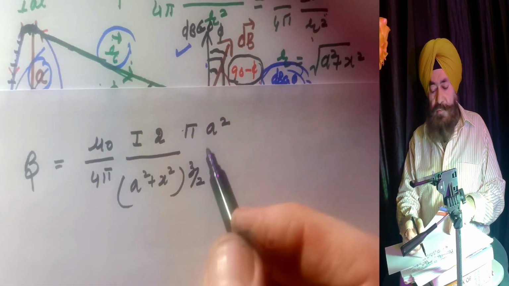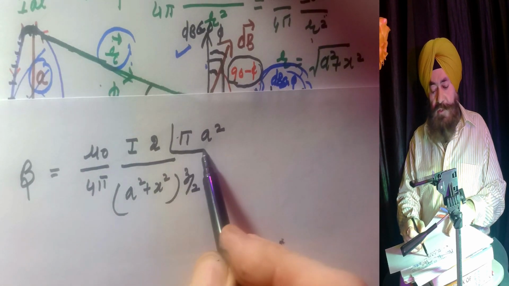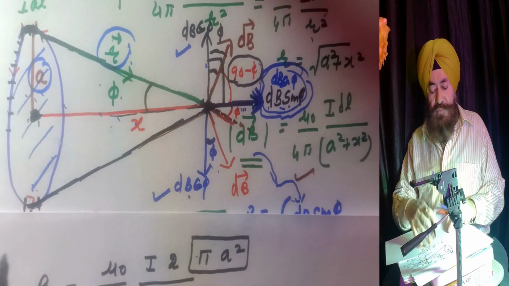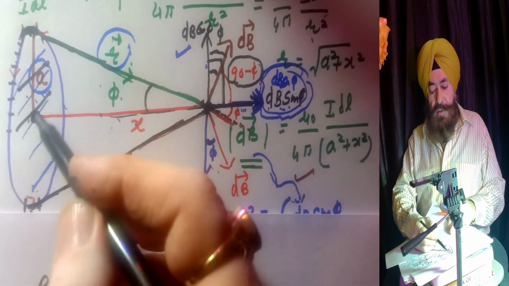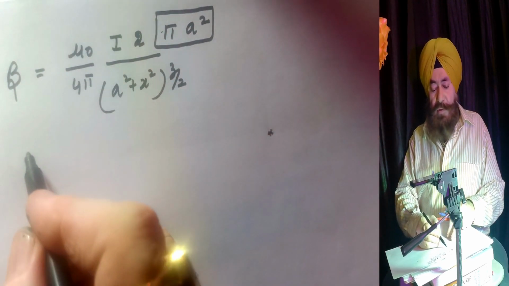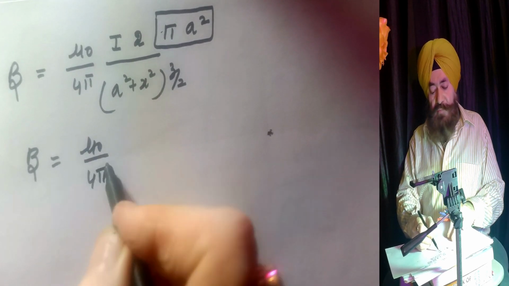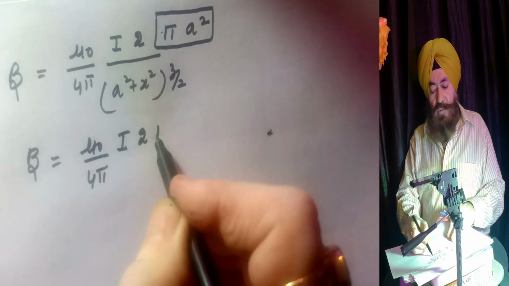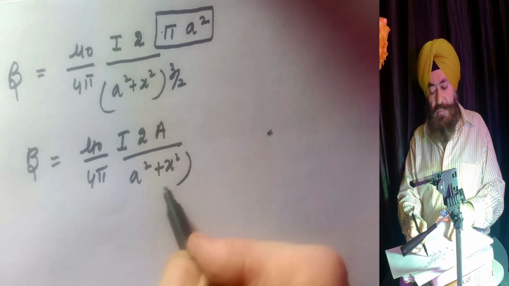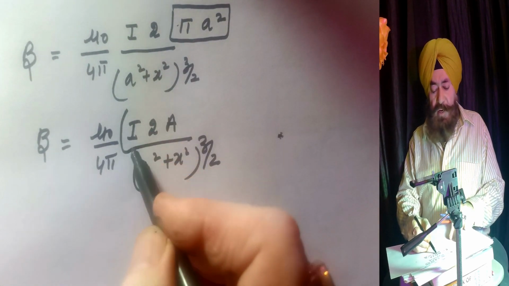Now what is pi a square? Pi a square is the area of this loop. So B becomes mu naught upon 4 pi, I 2 a upon a square plus x square raised to power 3 by 2. What is current into area?